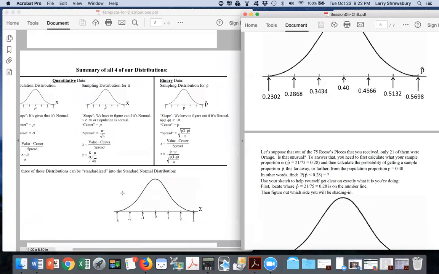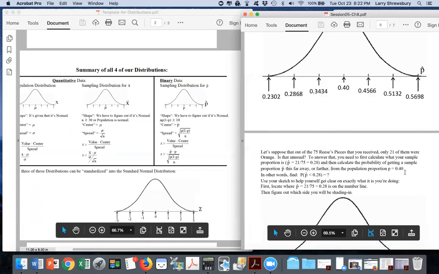I mean, the center's easy, we know what that is. And of course, we'll check to see if the sample size is large enough. Now, don't say, wait, 75, that's larger than 30. Don't do that, because 30 being a large sample only applies in the world of quantitative data. It's a whole different world here. For this to be a large sample, it has to pass this test.